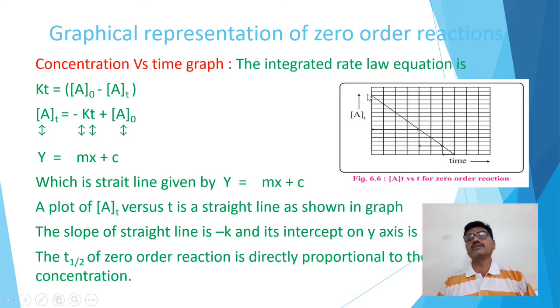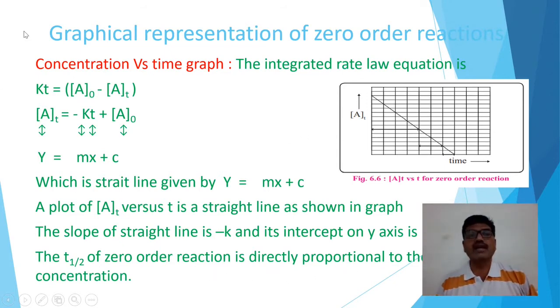In this case, the intercept at this point indicates A0, and the slope is equal to minus k. The slope of the straight line is minus k and its intercept on the y-axis is A0. The t half of zero order reaction is directly proportional to the initial concentration. That's why we will get such type of graph.